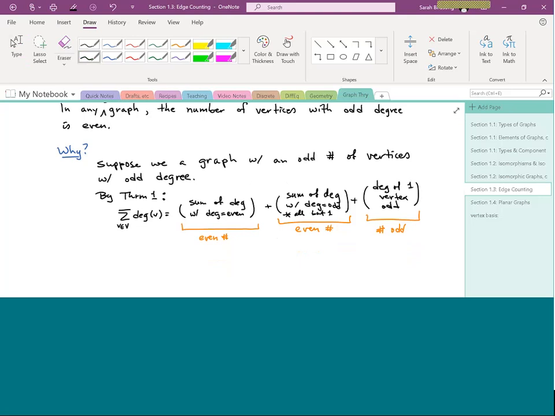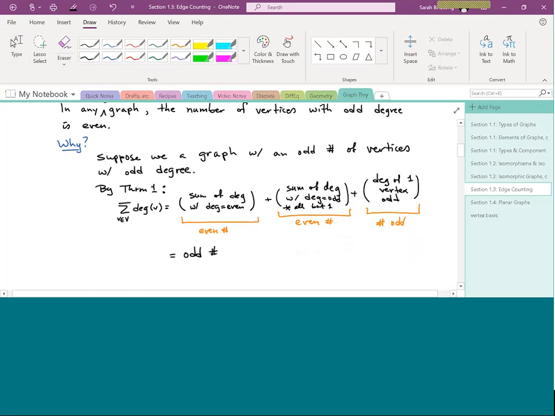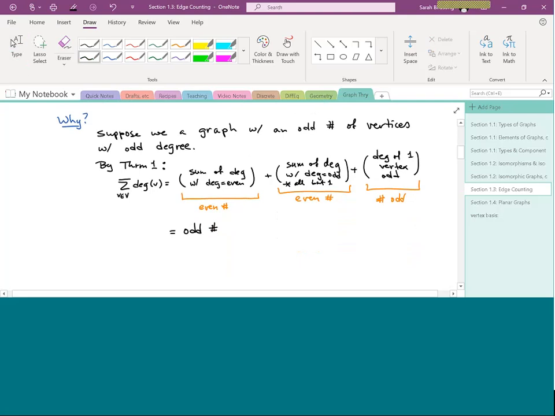That's the other way of showing it too. So here we're going to get an odd number, and this is a problem because that thing can never equal 2 times the number of edges. 2 times the number of edges is always going to be an even number, and we got an odd number, so it's not possible.